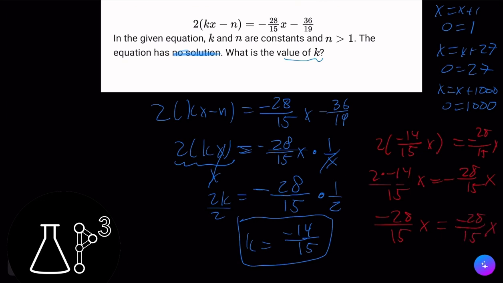As we can see, both sides are equal, and if I subtract the same amount from both sides, I get 0 equals 0. And if we plug that into the first equation, we're left with negative 2n equals negative 36 divided by 19. Because the x values cancel out, it's no solution. Therefore, the only way for this equation to have no solution is if k equals negative 14 divided by 15.